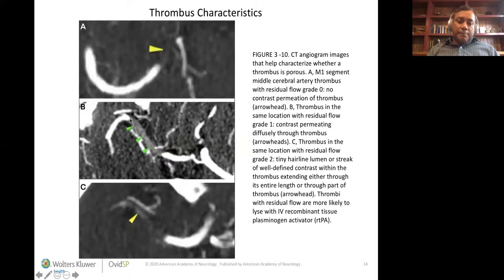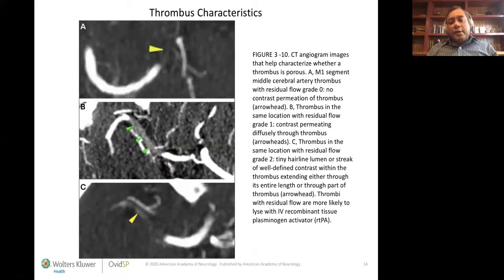In comparison, in panel B here, the green arrowheads show that in the arterial silhouette there is some contrastation. And then in figure C here, there is not just some contrastation, but there are some linear streaks. Panel B and panel C essentially mean that there is some blood flow through the clot, or that the clot is maybe permeable.